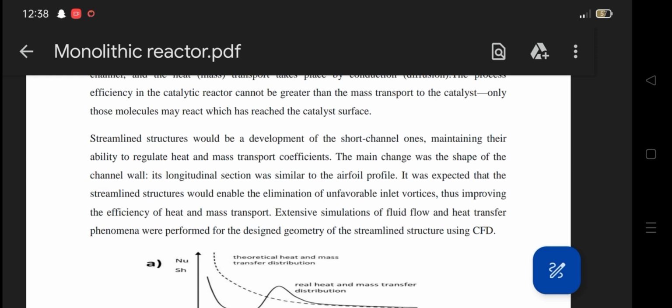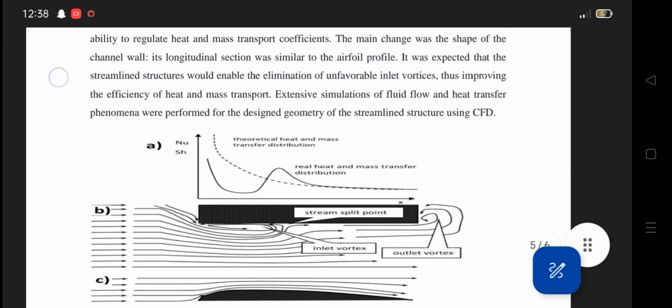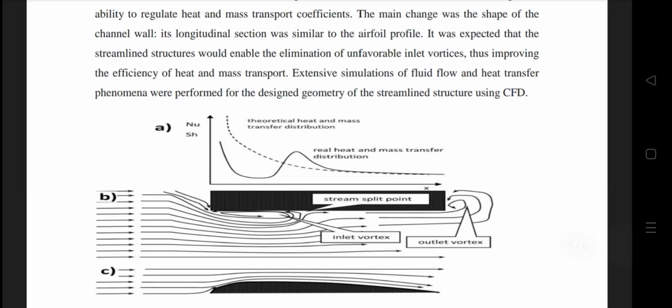The airfoil profile is used because it was expected that the streamlined structure would enable the elimination of unfavorable inlet velocities, thus improving the efficiency of heat and mass transport. Extensive simulation of fluid flow and heat transfer phenomena was performed for the design geometry of the streamlined structures using CFD.